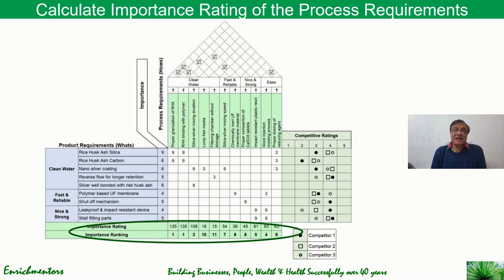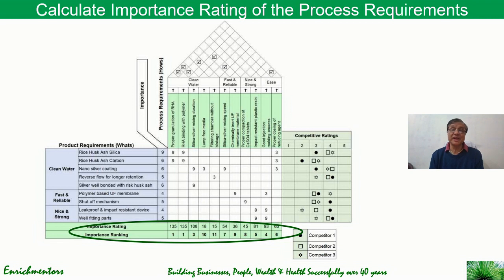And the last step is to determine the importance rating. The way to determine it is to take one process requirement at a time, look at the relationship weight, multiply that by the importance of that product requirement, go to the next product requirement, take that multiplication factor and sum it up as the total importance rating.